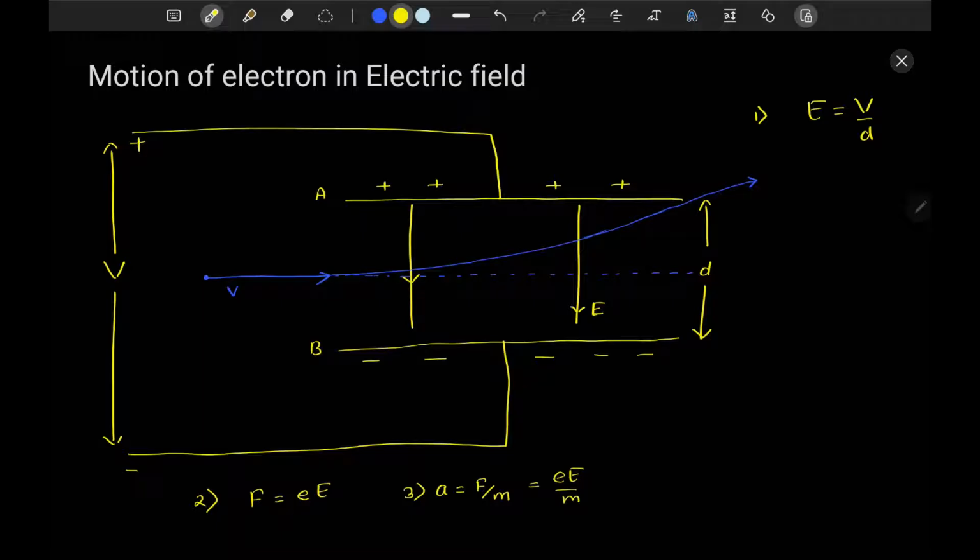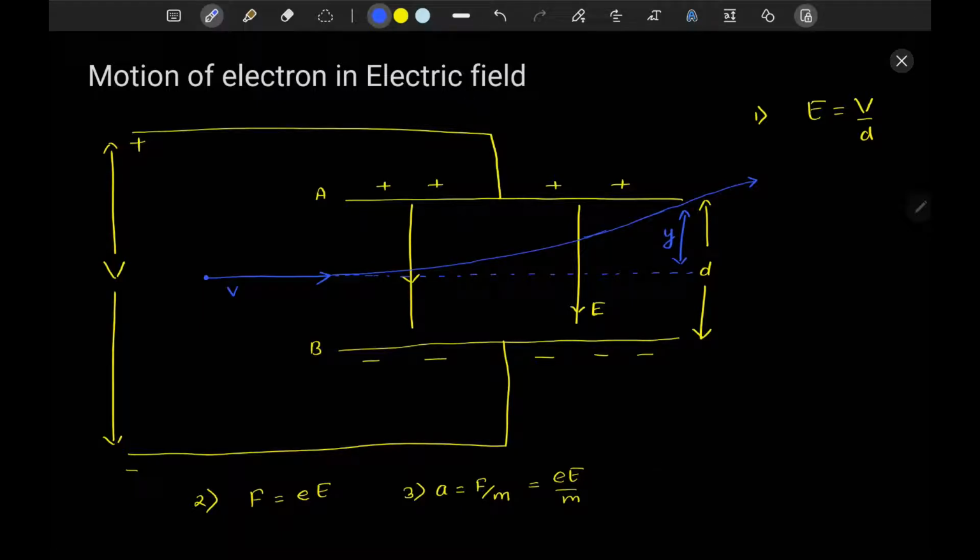Because of this force in upward direction, the electron is found to be deflected from its original direction in an upward path, and the deflection is denoted by y.